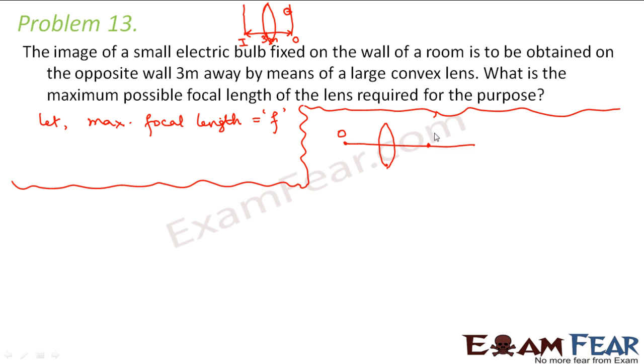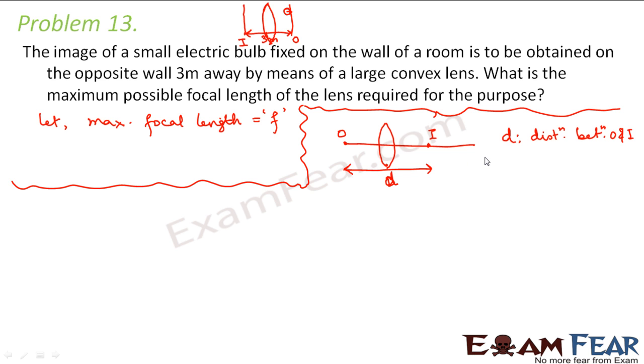If this is the object and this is the image, the distance between the image and the object is given. Let me take it as capital D. So D is the distance between object and image, right?